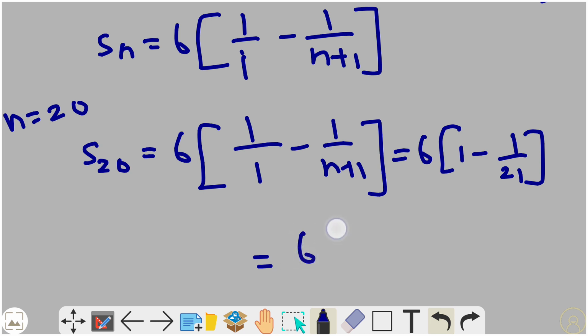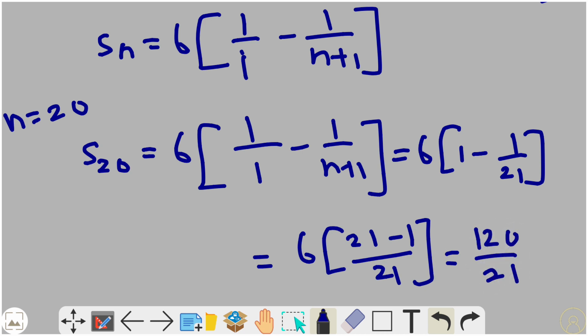We cross multiply this: 21 minus 1 divided by 21, so 6 into 20, that is 120 divided by 21.